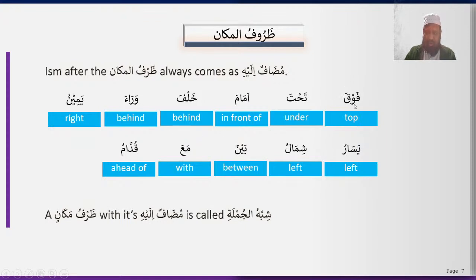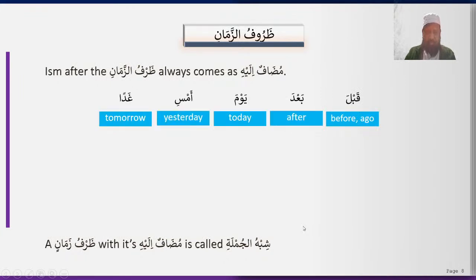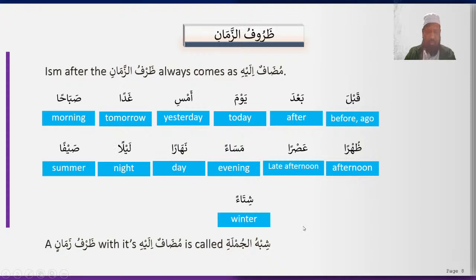As soon as we see a ظرف, that is شبه الجملة. The same thing goes for ظروف الزمان. A ظرف الزمان with its مضاف إليه is called شبه الجملة. But again, the main one is the ظرف.